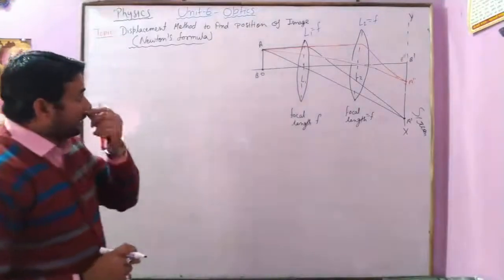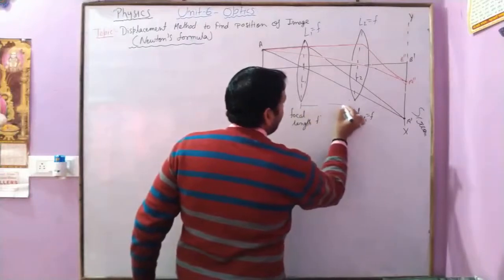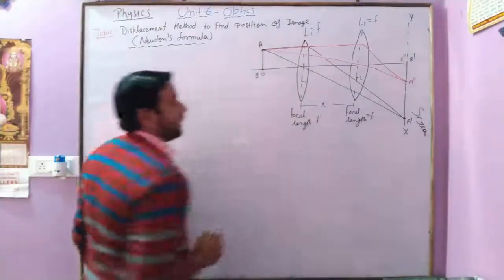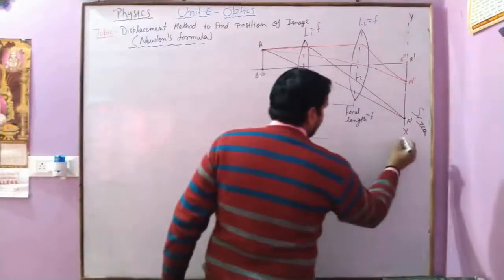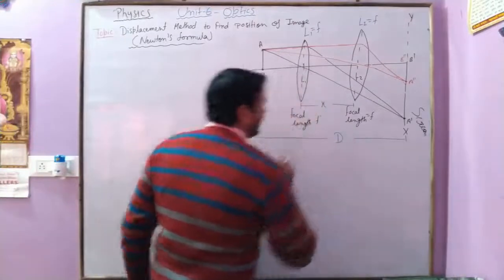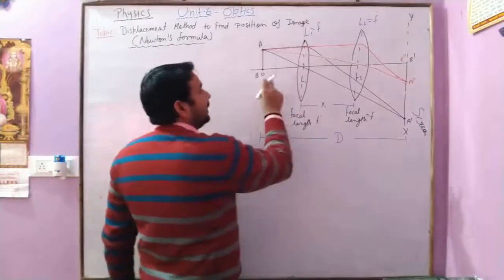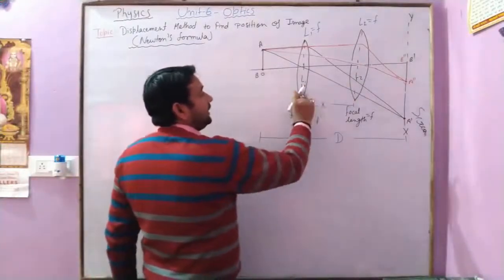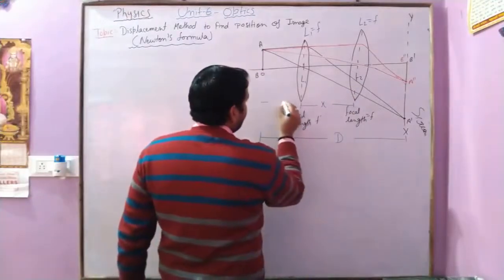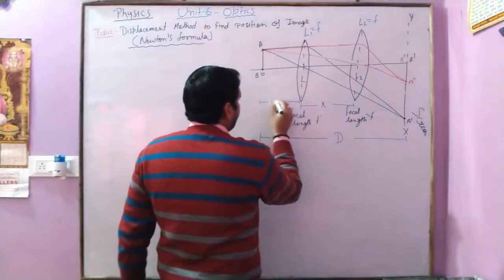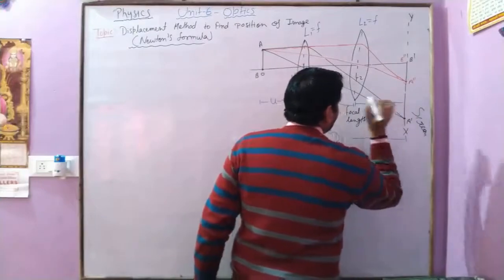Now let us consider that the distance between the two lens positions be x, and the distance between the object and the screen is d. Because the same lens having the same focal length has two different locations, their positions can interchange. That is, this is u and from here this is also u.